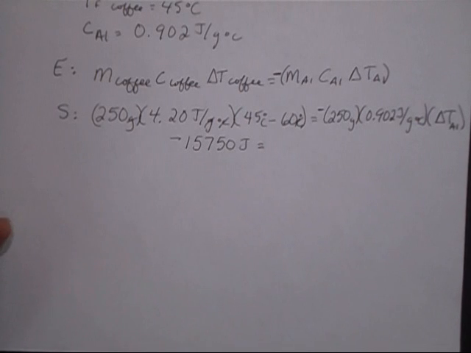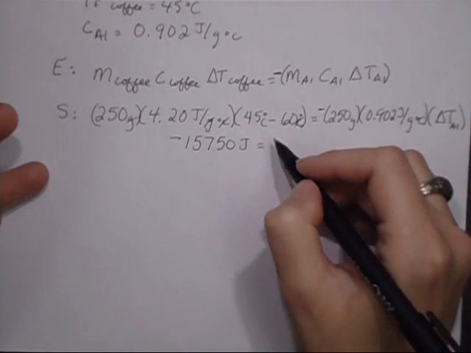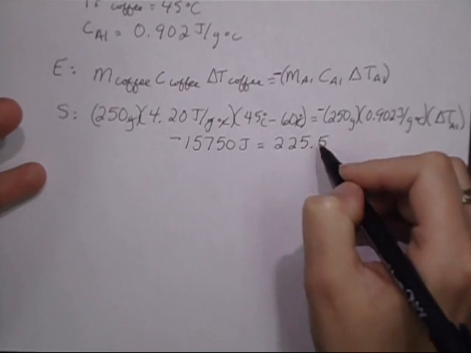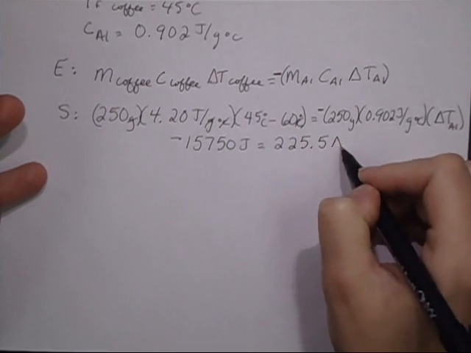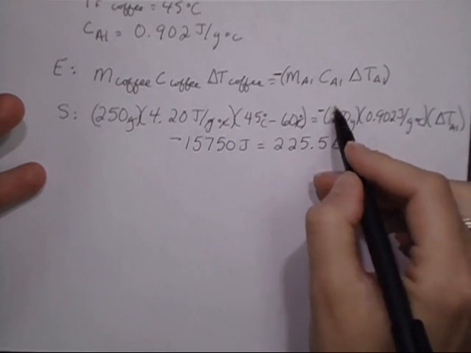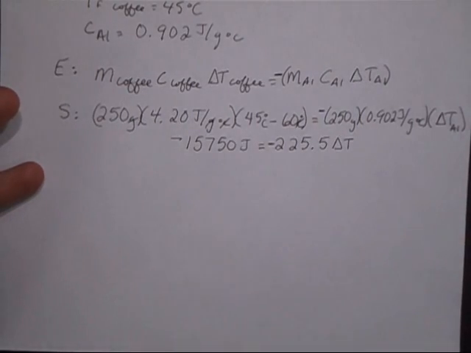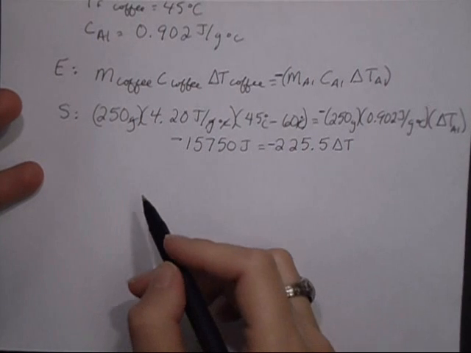On the opposite side, 250 times 0.902 gives me 225.5 times delta T. This side, however, is negative. Now I have a negative and negative, so that becomes a positive. Makes things a little bit easier for me.